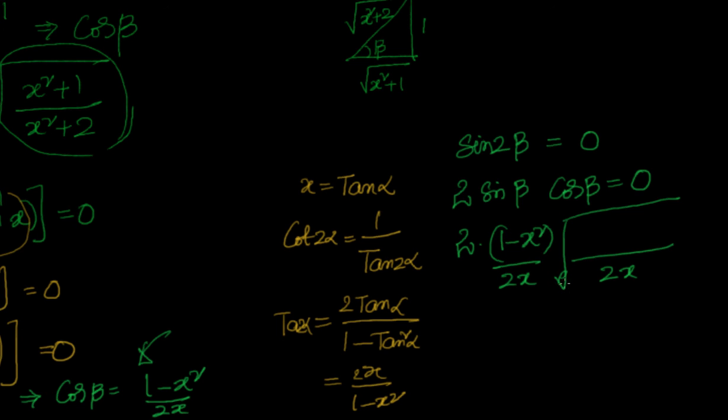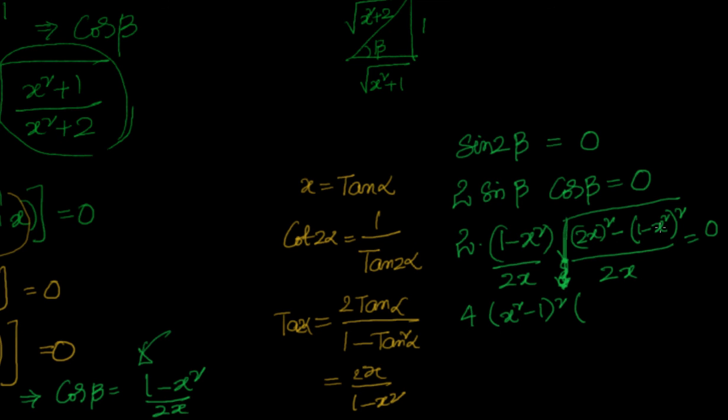this is cos beta, so what will be sine beta? Sine beta will be nothing but square root of 2x whole square minus 1 minus x square whole square, equal to 0. Now if I square everything, I will have 4 into, I can say x square minus 1 whole square into, this is nothing but a square minus b square. So I can write it as a plus b into a minus b.